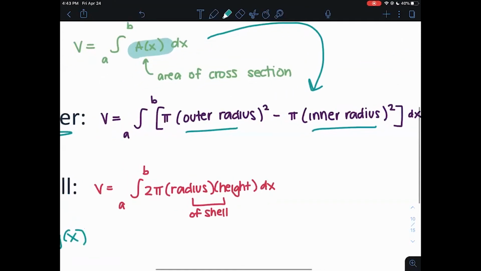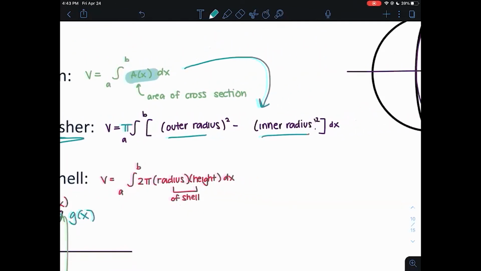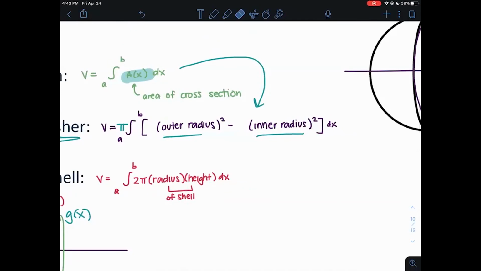I often see a tendency, let's bring this pi out first of all to make this a little bit easier for you to visualize, I often see a tendency to take this square the whole way to the outside like this. Outer radius minus inner radius and square the whole thing. That is not the same thing. Be really careful about that. We can leave the pi. Be really careful about that. You're individually squaring each radius.